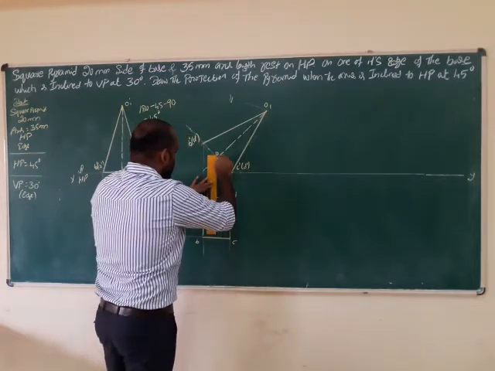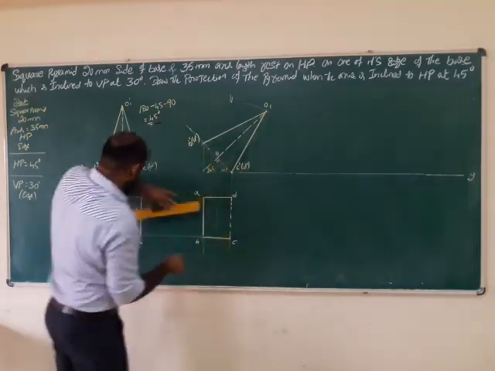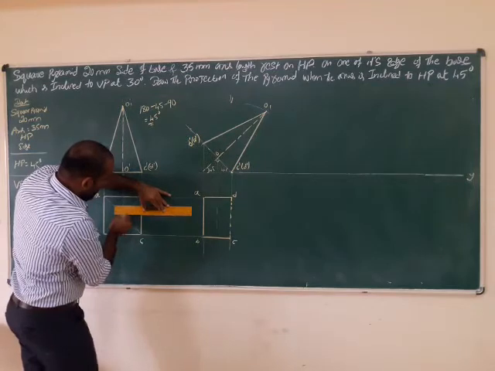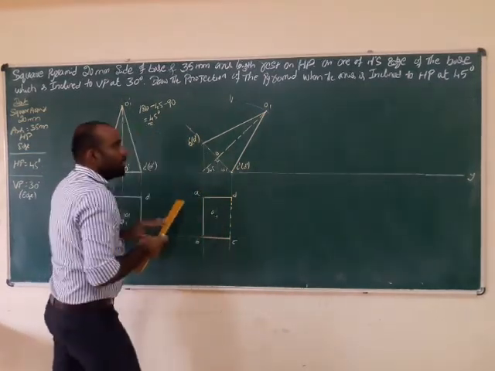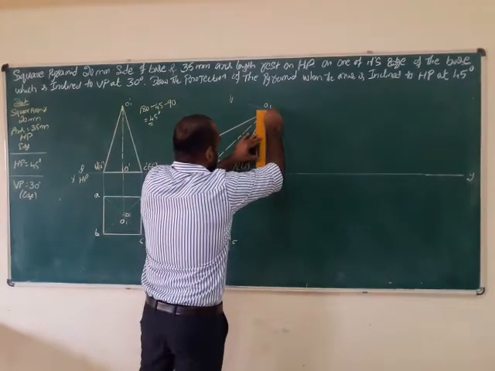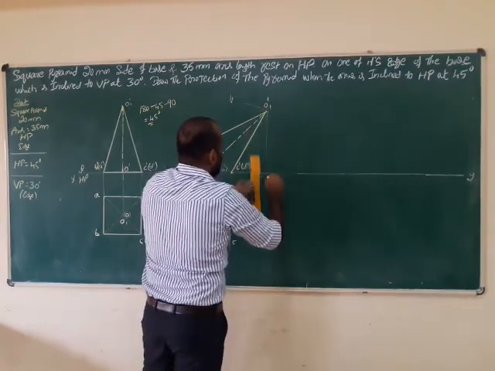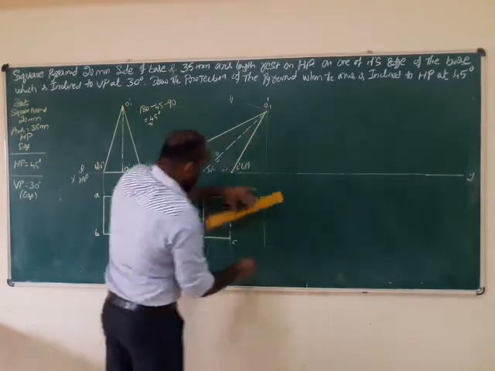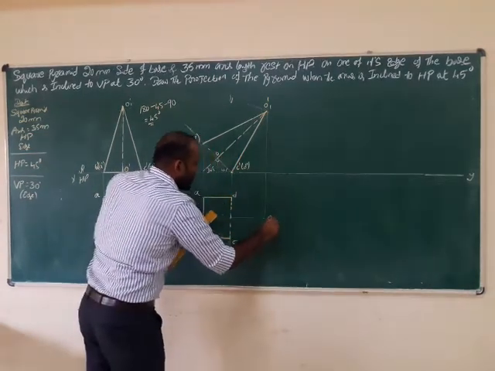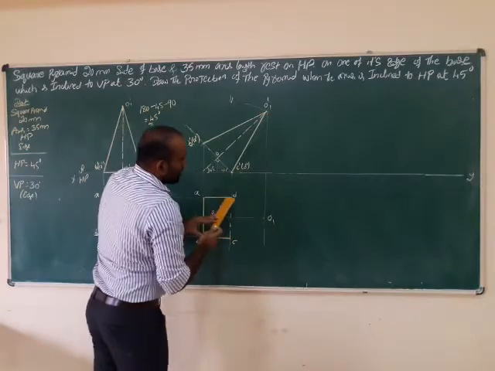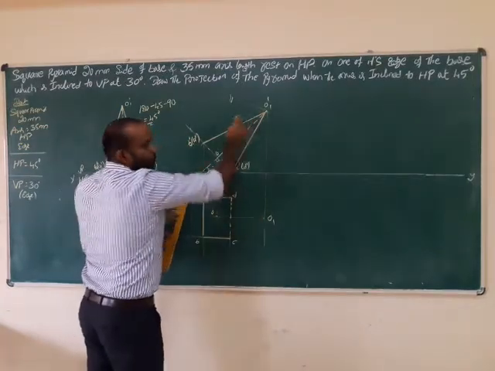After that, you have to find the center also. The point is called O. Next, find O1. The center of O1. Join from O1 to all the corners.